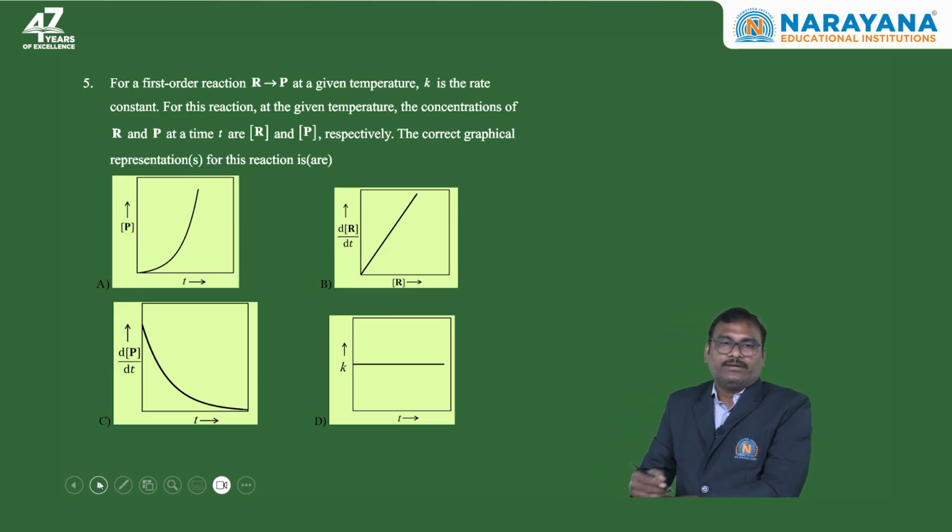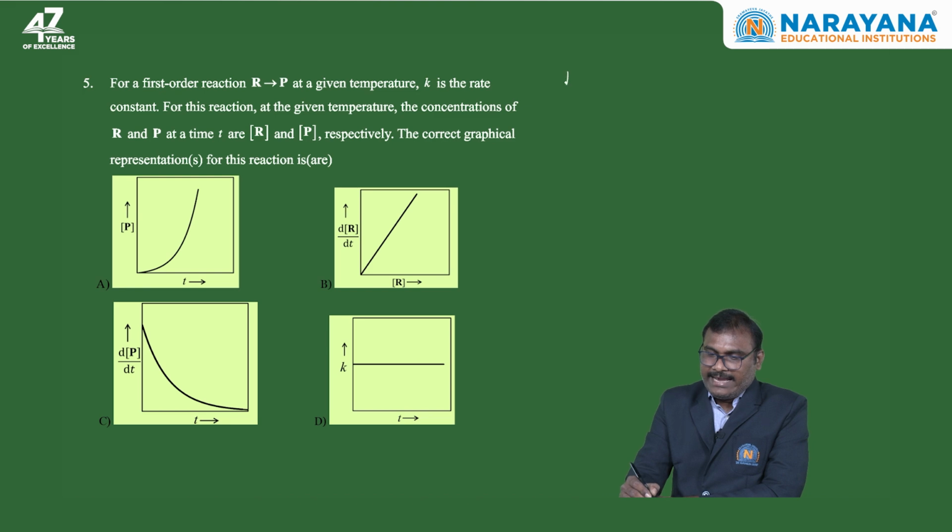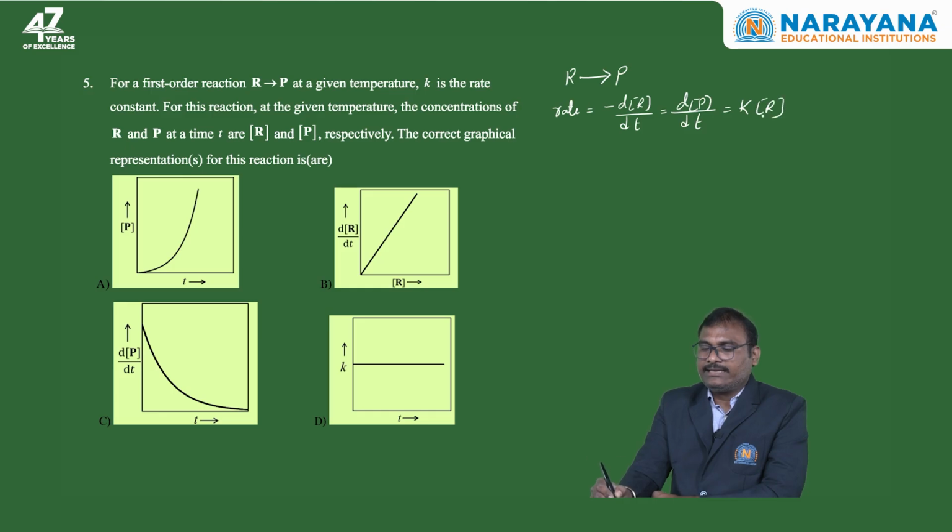We know this is the reaction, the familiar example of first order kinetics and graphs. Reactant becomes product, then rate is equal to minus d[R]/dt, which is equal to d[P]/dt, which is equal to K into the concentration of reactant, because it was given as first order kinetics.